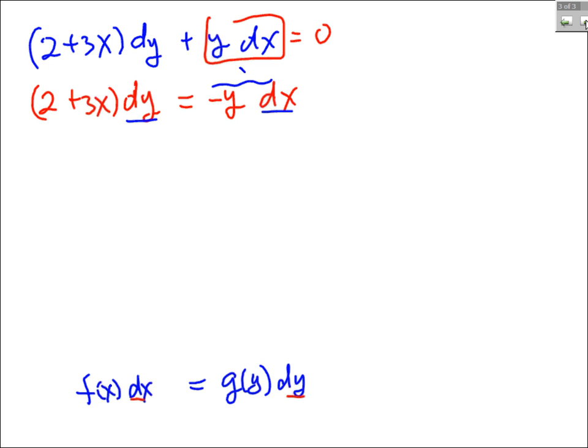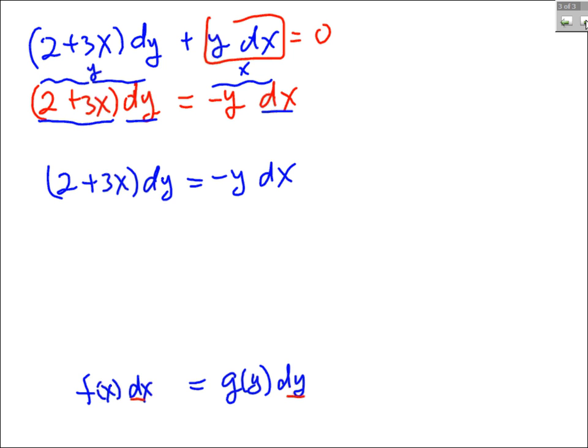That is, this side is x's. And the other side, where dy is, I just want y's. Oh, look, that factor. So let me just write this down again. And then we'll look. I only want y's here, and I only want x's here.